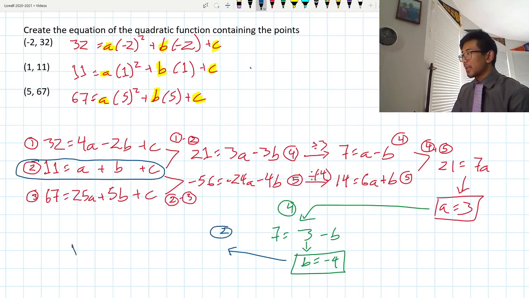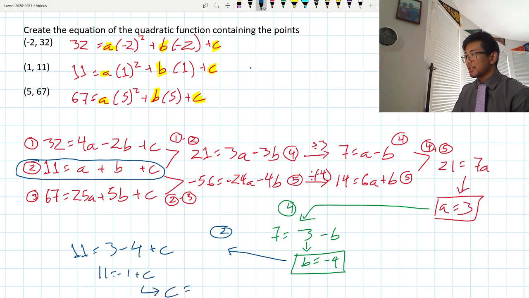So now 11 equals a, which is 3, plus b, so it'll be plus negative 4, or minus 4, plus c. And if I've done this correctly, then this should be 10. No, wait, sorry. 3 minus 4 is negative 1. 11 equals negative 1 plus c.